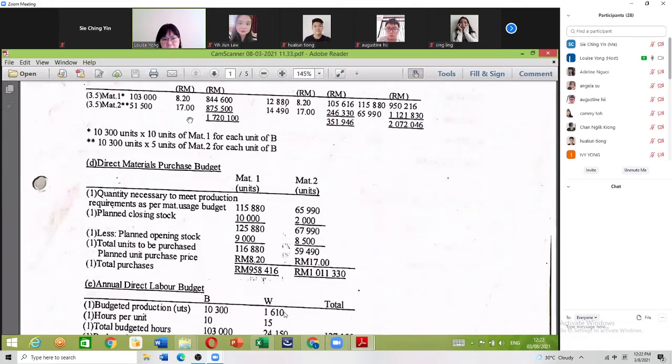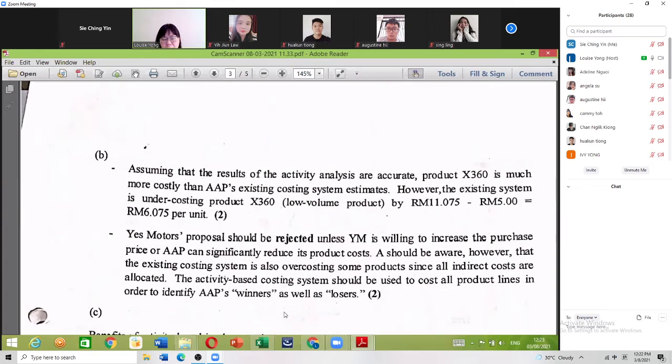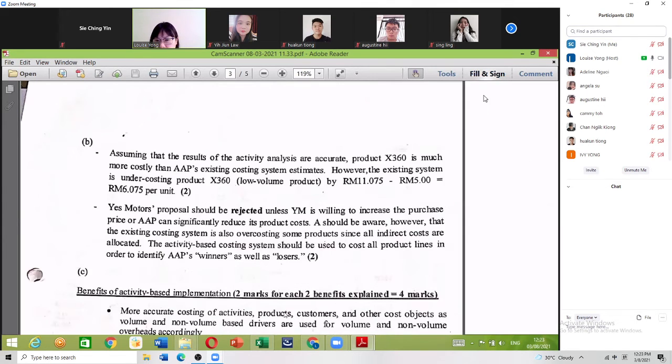Okay, this was just now. Okay, part B. Assuming that the result of the activity analysis here is accurate, means that if you are based on activity-based costing, the computation is more accurate than your traditional, right? So your product here, don't say product S, it is product A, I'll change that, because the suggested answer is also a bit different.